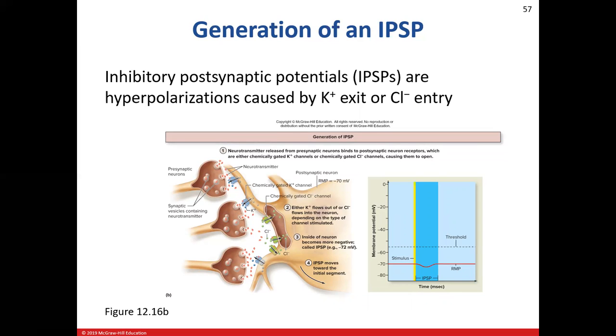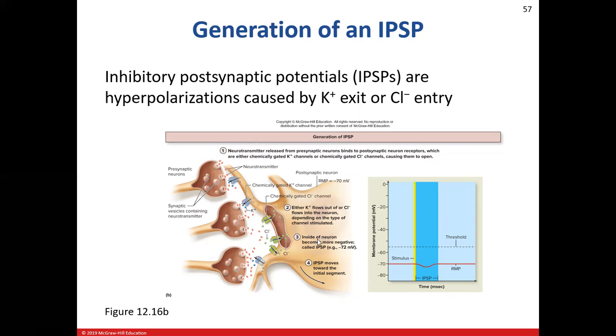So here you see the same steps, just with different ions. In this case, we have the neurotransmitter released. We bind to chemically gated channels. We have an efflux of potassium out, which makes the cell more negative, or we have an influx of chloride, which also makes it more negative.